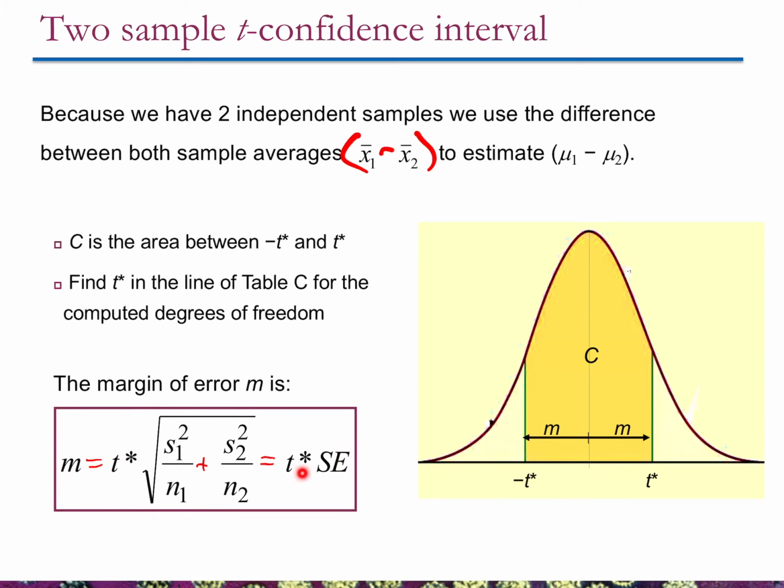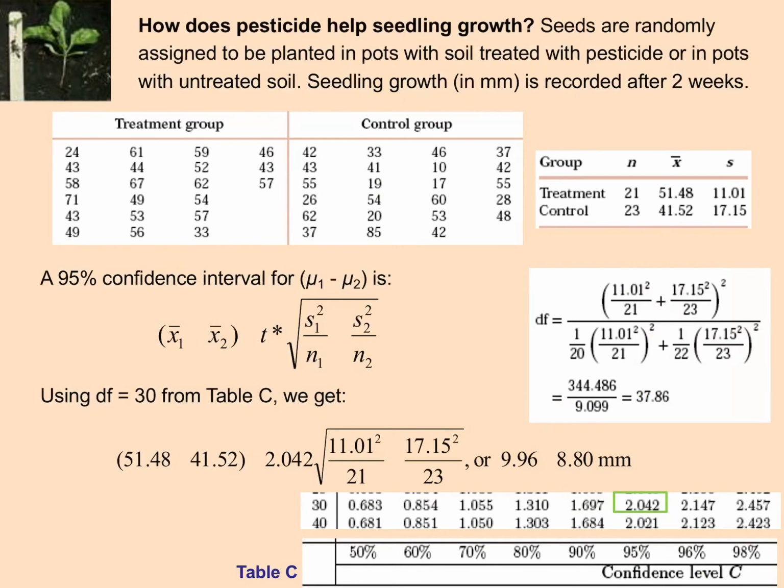Then we simply multiply that by the standard error of the mean for our two samples, and that's our margin of error. It gives us half of the confidence interval, so 2 times your margin equals your confidence interval. That's why we're calculating margin of error.